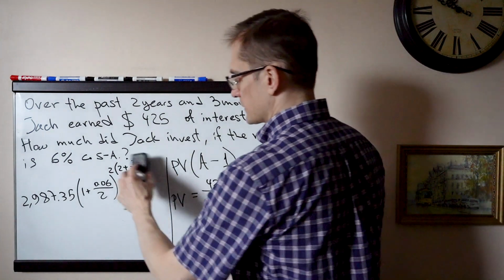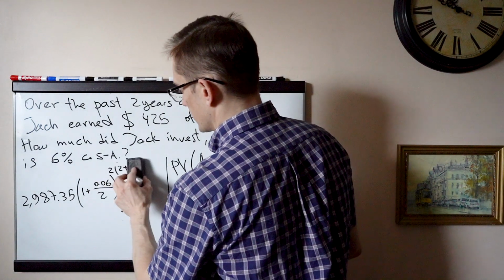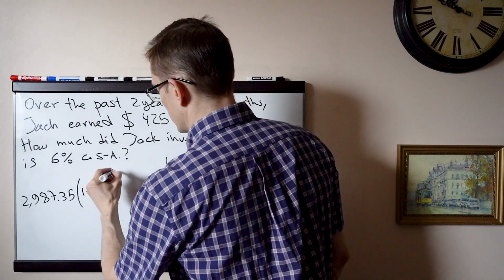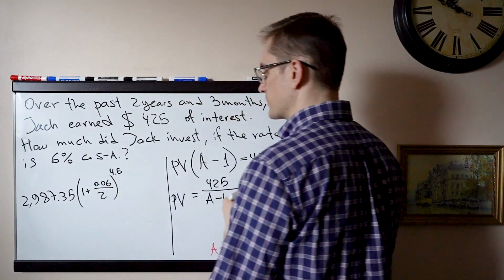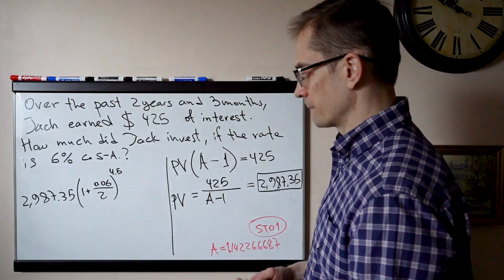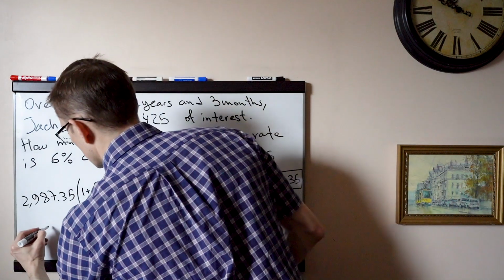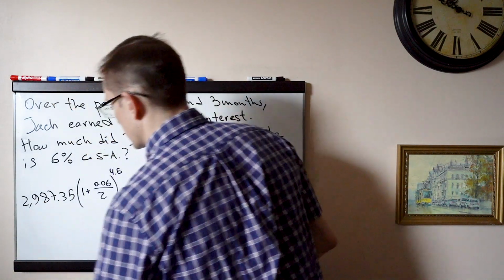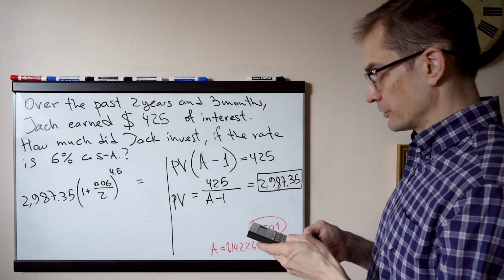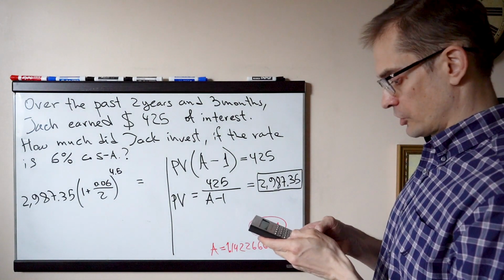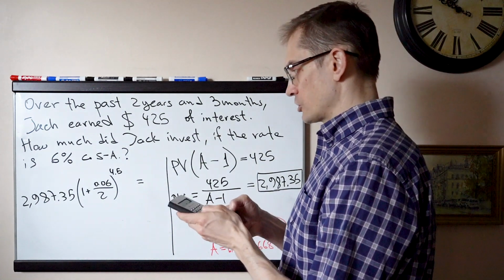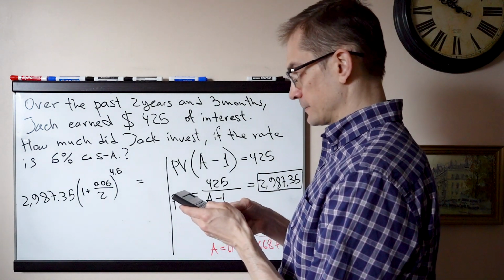Now I know that this is 4.5, because there are 4.5 semi-annual periods here. So let's calculate this to see what our future value will be like. I'll also do it to check myself, and you should also do it, because checking is an important process.